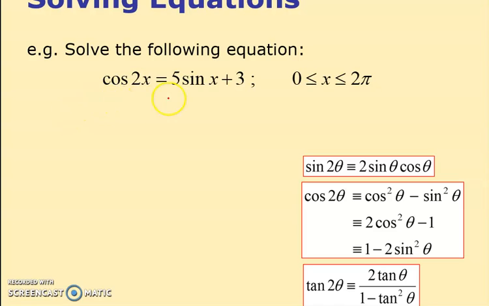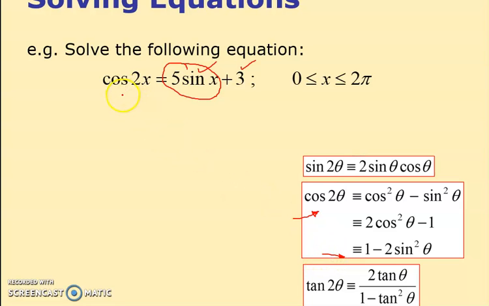So next one. Again, I like this. The bit I don't like is the cos 2x, so I've got to get rid of the cos 2x. Cos is the pain one, because I've got 3 choices: cos squared minus sine squared, cos squareds, or sine squareds. Take your pick. Because I've got sine x's over here, I'm going to use the ones with sines.